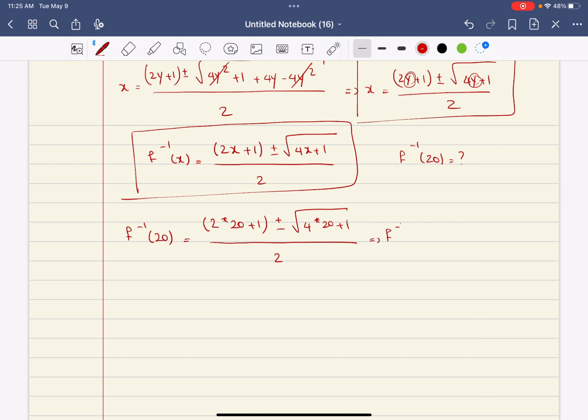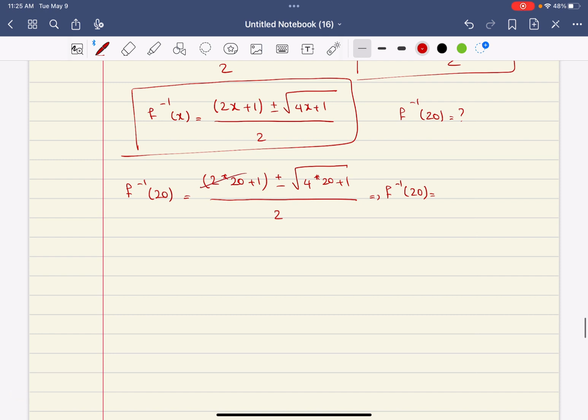So the inverse of f at 20 would be equal to 41 plus minus root 4 times 20 is 80. 80 plus 1 is 81 over 2.